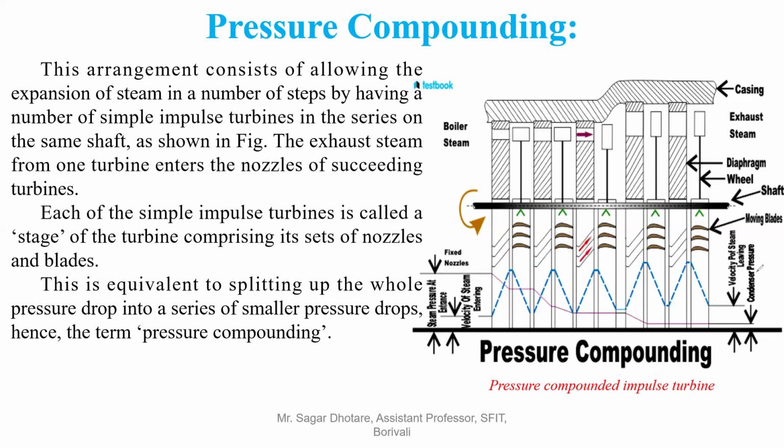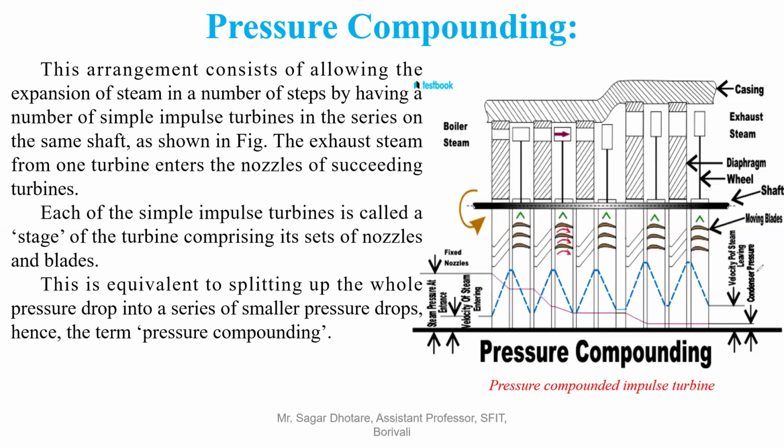The exhaust from the first moving blade ring enters the next ring of nozzles. Again the pressure gets dropped and velocity gets increased, and further it passes over the moving blade. This process is repeated till the steam leaves at condenser pressure.